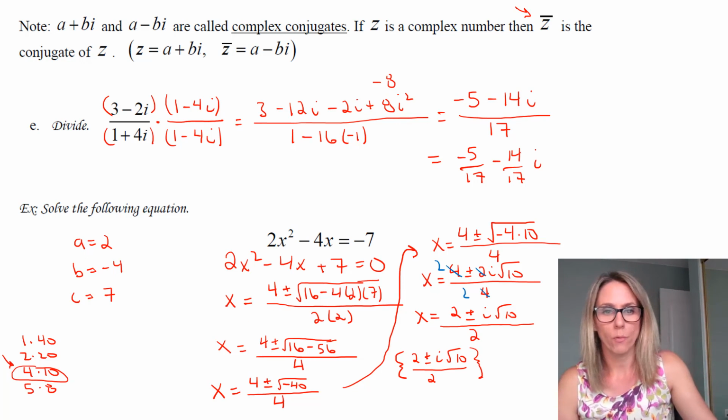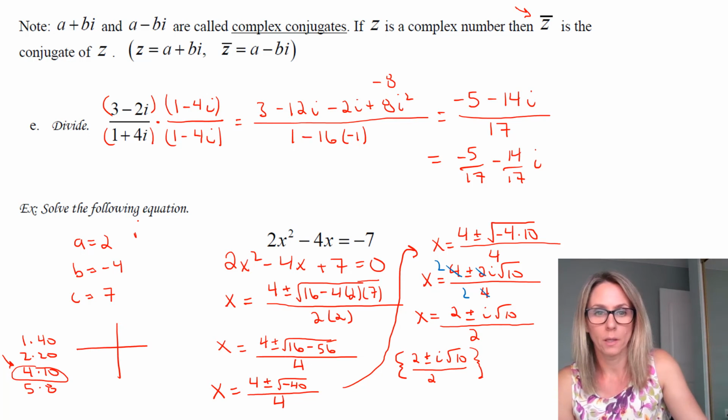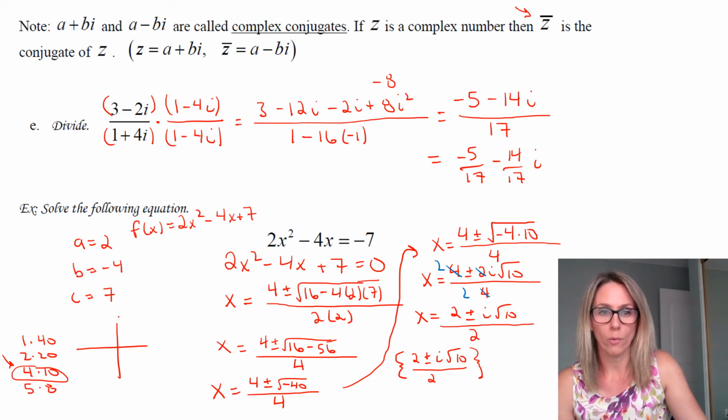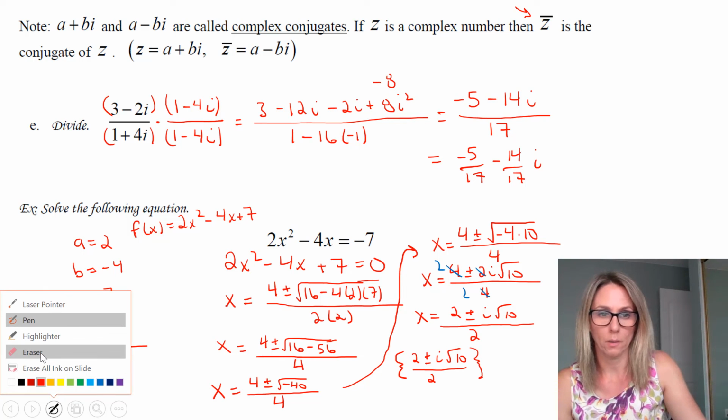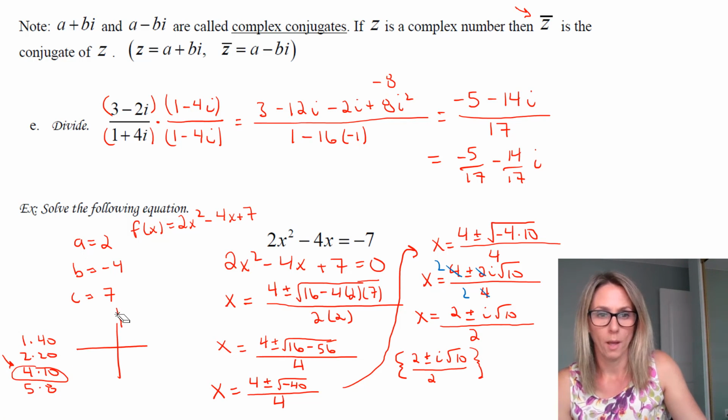And I've mentioned this before, but if we were to consider the function f of x equals 2x squared minus 4x plus 7, and graph that, it is going to look something like this.